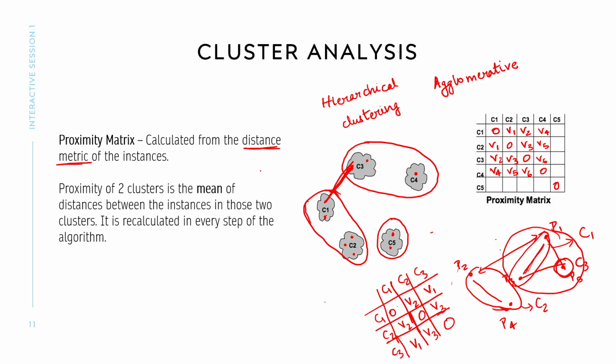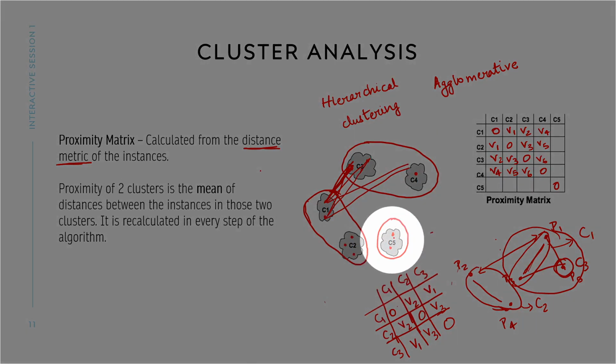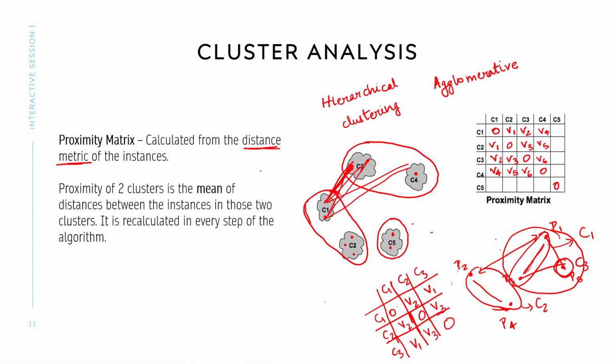So this one, then 2 and 3, 2 to C4, then this one and this one, and all of these distances I will calculate again from everywhere, and then I'll take the mean of all of them, and that will be my value for the distance between these two big clusters, right? And if I want to calculate the distance between this C1, C2 cluster and the C5 cluster, again I will take every point's distance and take the mean. So that is how it goes.